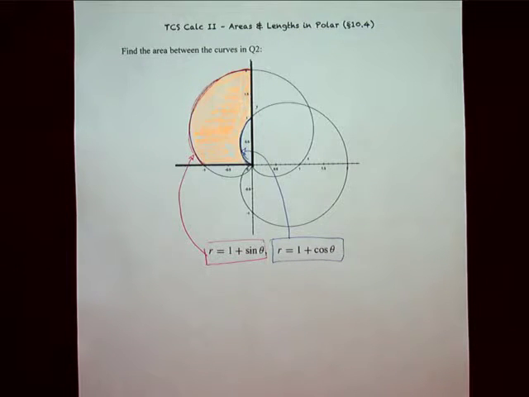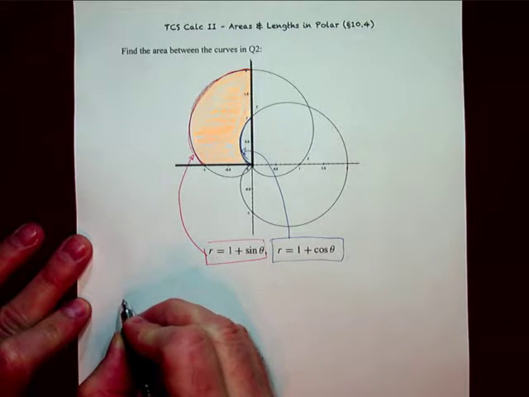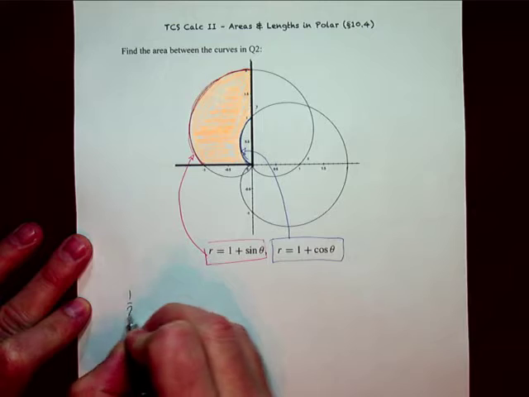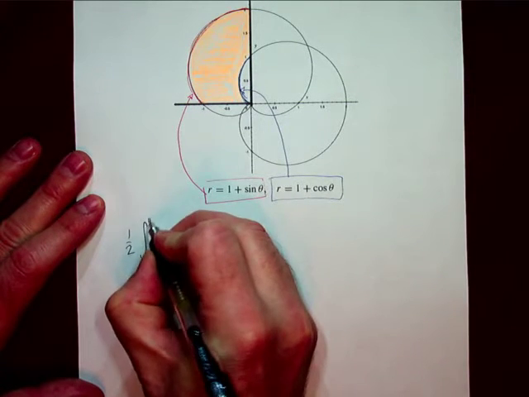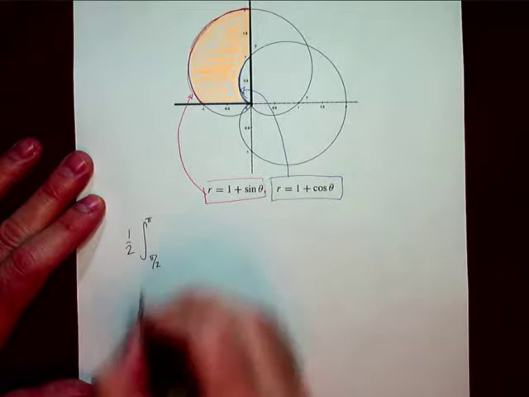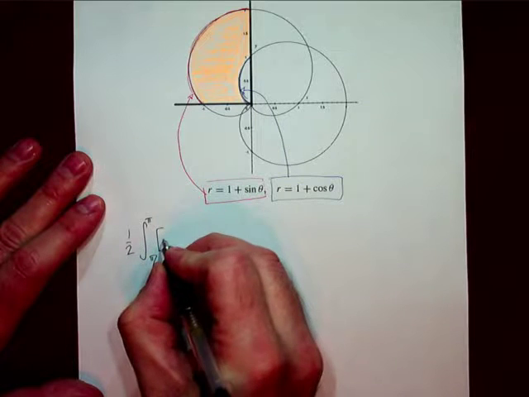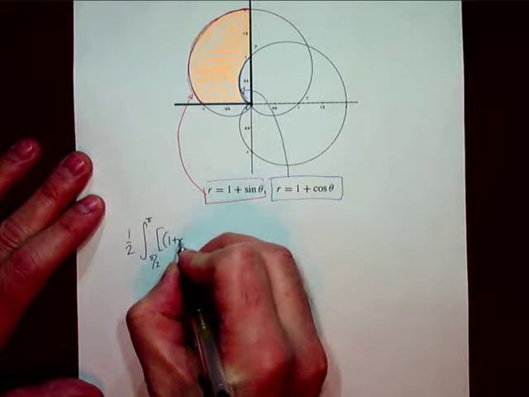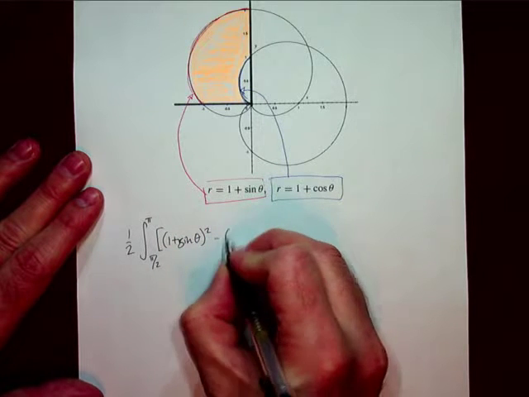So we need to set up, and of course we know the limits of integration. They're defined by the quadrant that we're in, and so the limits are pi over 2 to pi. So we need 1/2, pi over 2 to pi, and then we need the outer curve squared. So that's our big R squared, and then minus small r squared.